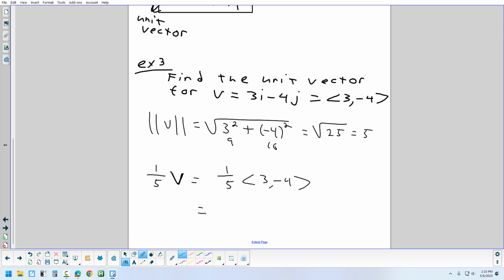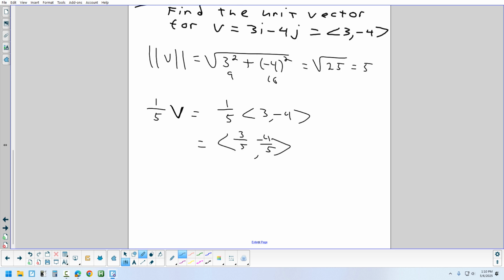If you distribute 1/5 to shrink it down 5 times as much, what is going to be your first number? 3/5. And then negative 4 over 5. So that is the new vector.